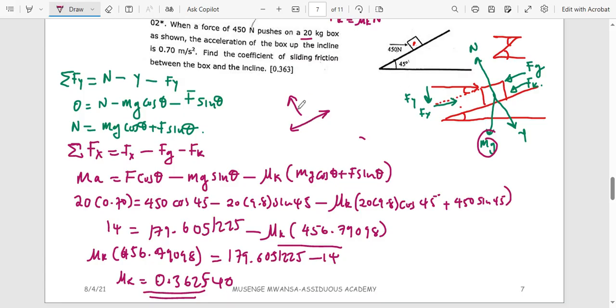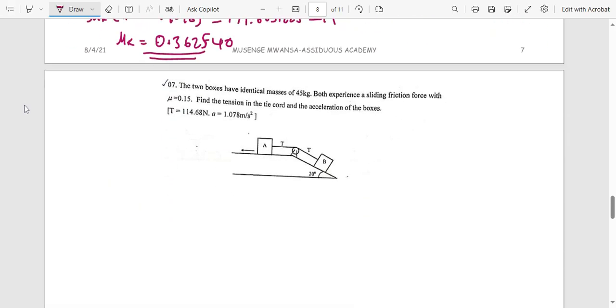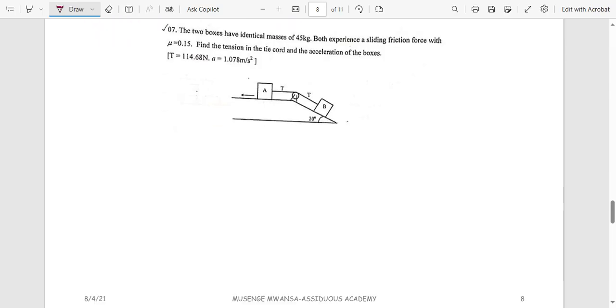If it was moving like that, we would have said net force is mass times acceleration, but it's only moving in this direction. So that's why net force in the y is 0. Okay, good. Is there another question?